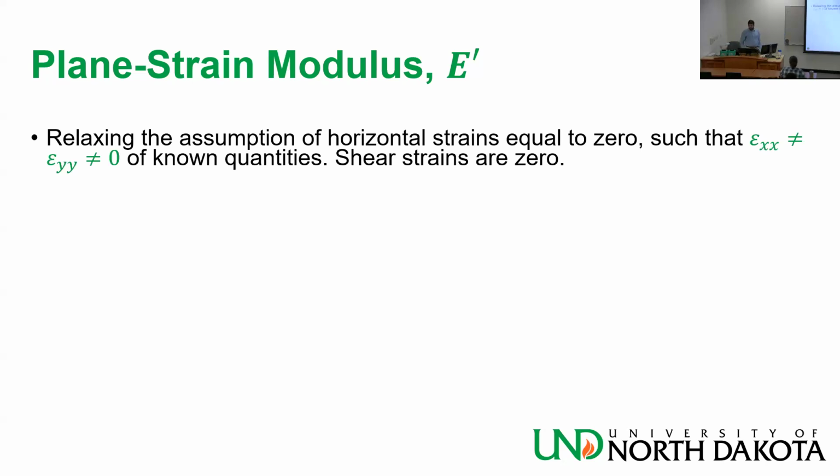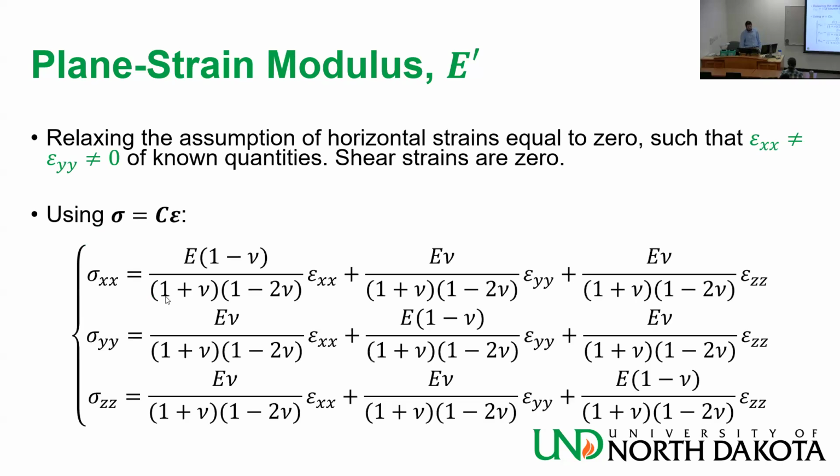Now, if we relax the assumption of the horizontal strains equal to 0 and make them not equal to 0, the shear strains are 0, but all the normal strains are not equal to 0. Let's just say that they are known quantities. You end up with these equations. And you should know how to end up with these equations from the matrix. Basically, you set sigma XX, so you set this equal to non-zero, this equal to non-zero, and this was already non-zero.